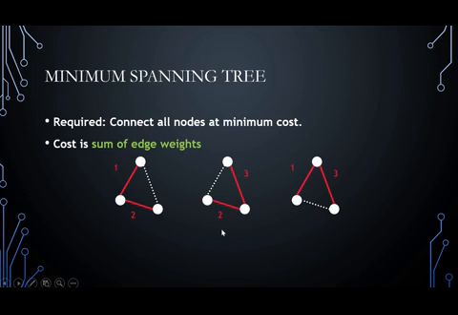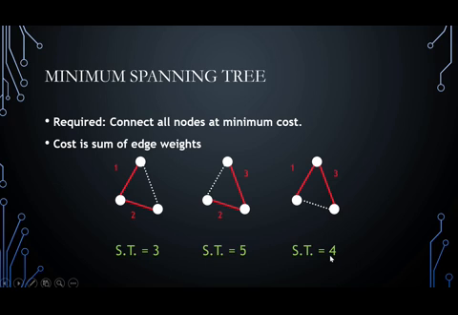But I am interested in their weights. So what happens to the weight when I take this spanning tree? Its weight is 1 plus 2, 3. When I take the second spanning tree, 2 plus 3, 5 is the cost of the spanning tree. When I take the third spanning tree, the cost becomes 1 plus 3, which is 4.